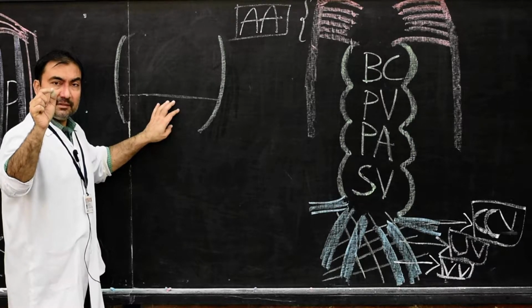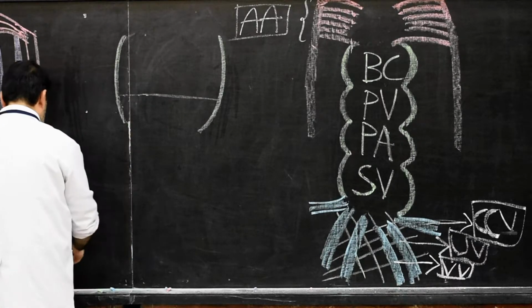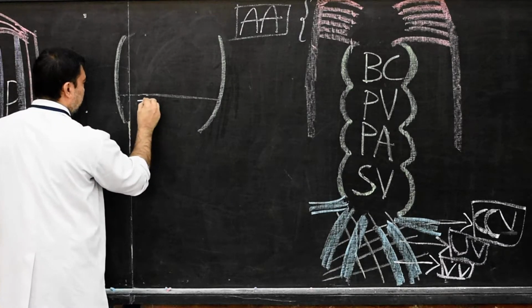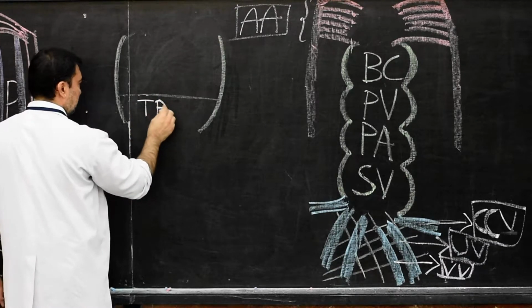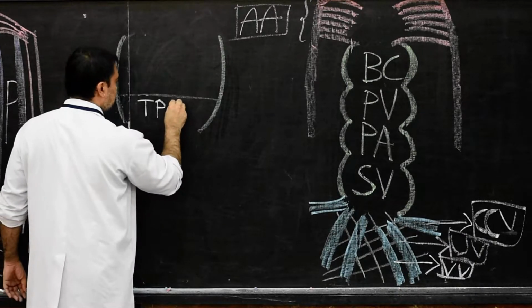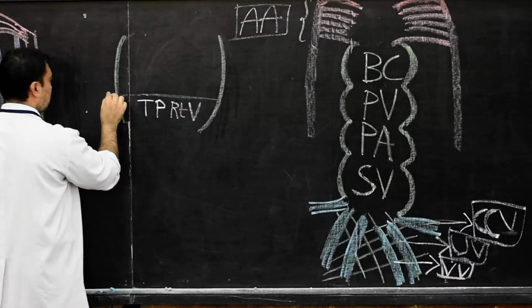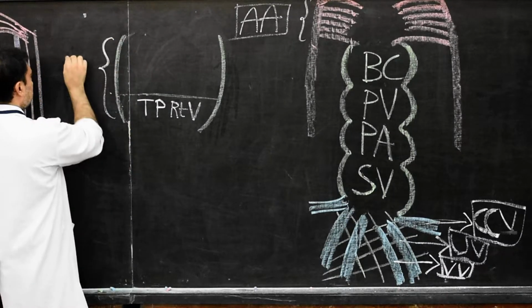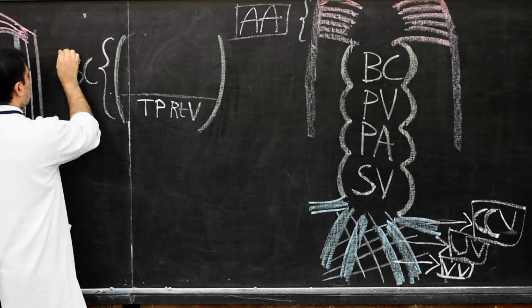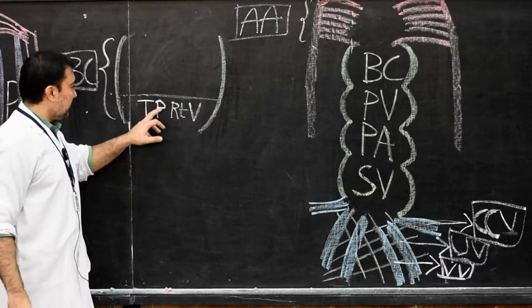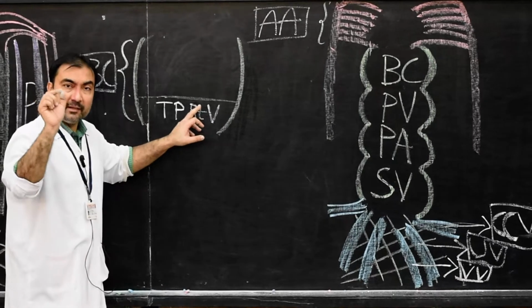So this will be the proximal part of bulbus cordis. Once again, we will name this as trabeculated part of interior of right ventricle, and this entire will be bulbus cordis. So, proximal portion, trabeculated part of the interior of right ventricle.